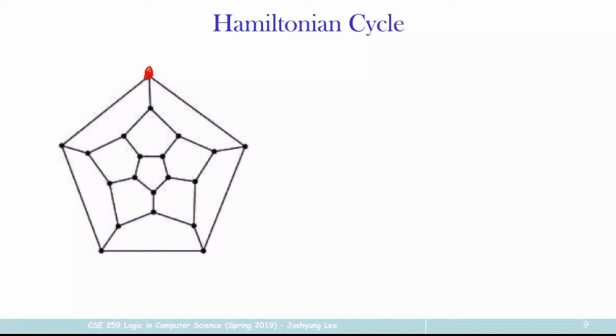Any idea? Should we go left or right? Left, okay. What shall we do next? The second row, anyone? Should I go this one or this one? Down, okay. Next row. Right, okay. Next row.